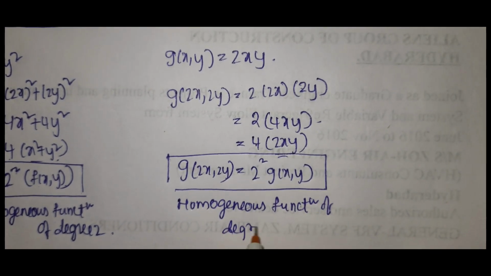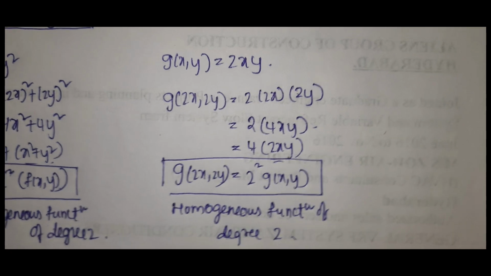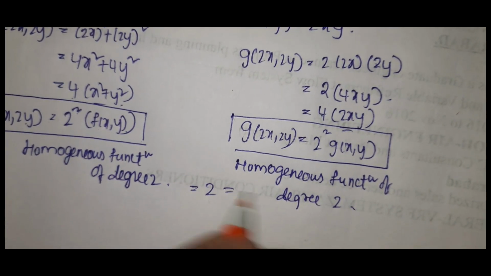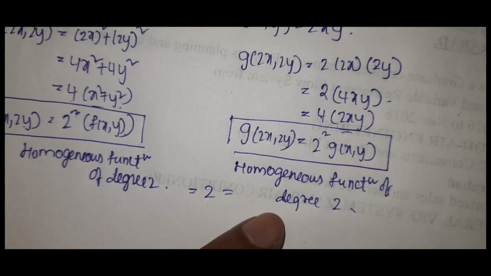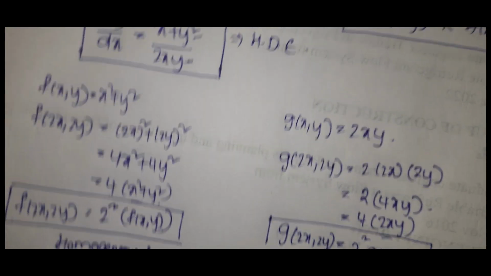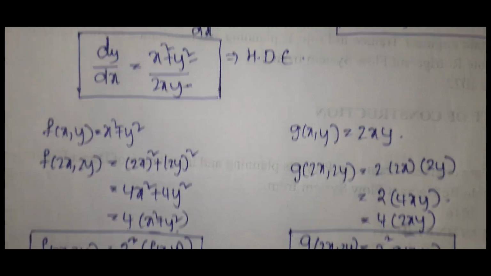If you observe keenly, you will notice that the degree of both the functions is 2. That means both functions have the same degree and both are homogeneous. Hence the given equation is homogeneous.